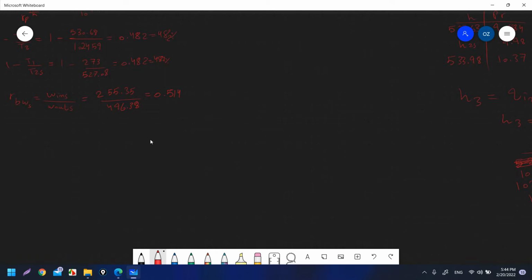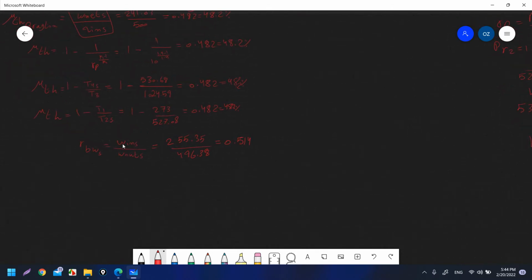because what is the meaning of back work ratio? Is it better for me to increase it or to decrease it? The better for me is to decrease it, because it is a ratio between work in over work out. If it increases, that means that the work in is higher, is more, you are taking a big part from the work of the turbine in order to make the compressor work.